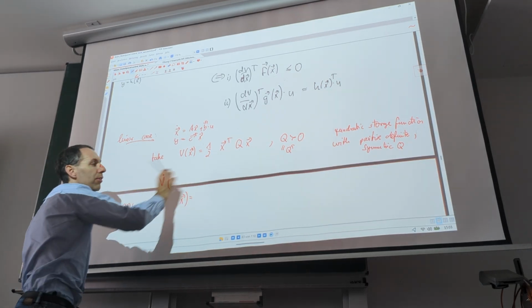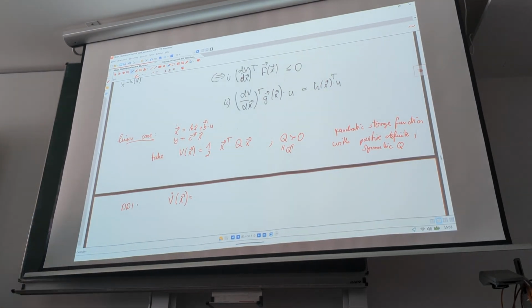Differentiate this expression, so this quadratic storage function. Now, in the specific case, Q is still just an arbitrary Q, but for our argument right now it's not very necessary. So what would happen if I look at the time derivative of this quadratic storage function? What's the V dot?